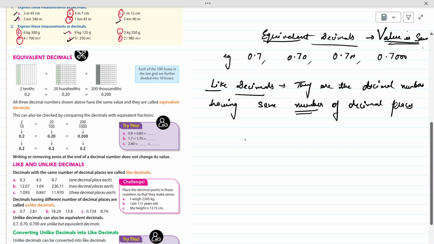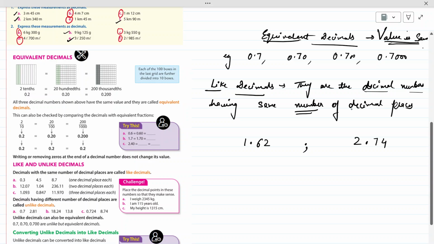So I'm taking two numbers here. Let me take 1.62. This is one number I'm taking. Next, I am taking 2.74. These two are completely different numbers with different values. They are decimal numbers because they contain a decimal. Also, their values are totally different.